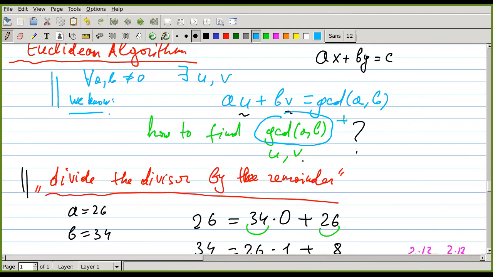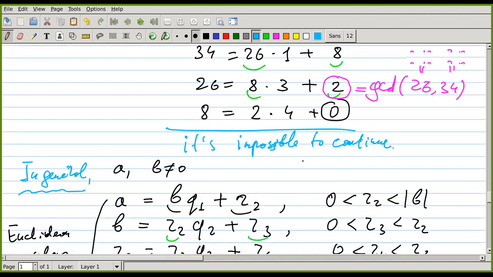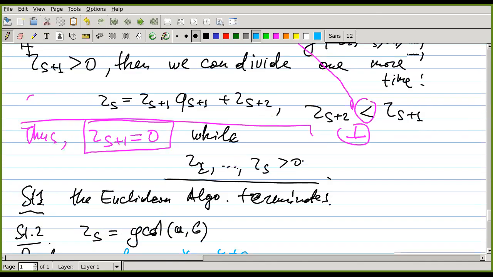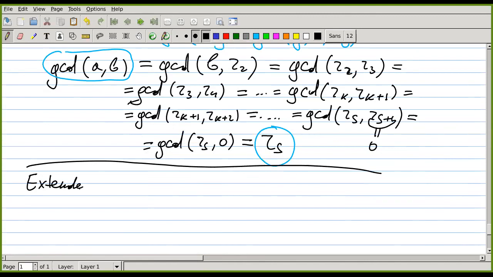In order to obtain U and V, we need something more, but it is not hard to extend the Euclidean algorithm in such a way that we will obtain this U and V. And this procedure, let me finish this topic today, is known as the extended Euclidean algorithm.